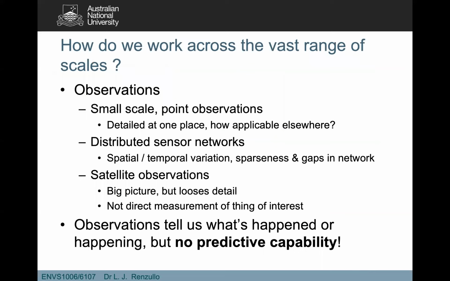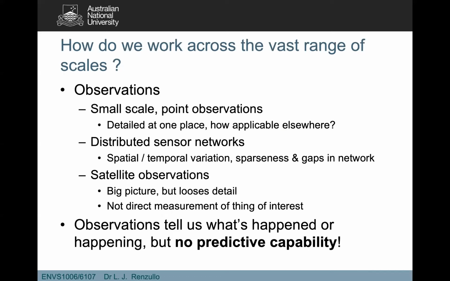So how do we work across the vast range of scale? Well, you can look at the observations. So we've got small scale point observations. These are particular to any given place, and the question might be, how useful is what I measure here to understanding what's happening hundreds of meters away, a kilometre away, 1,000 kilometres away. So you need to keep in mind how representative this measurement is to the area around it.